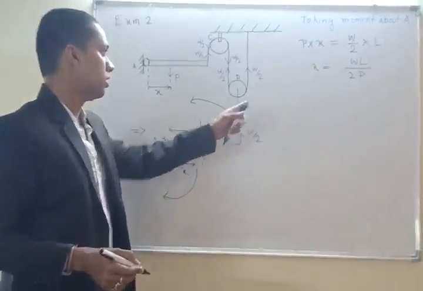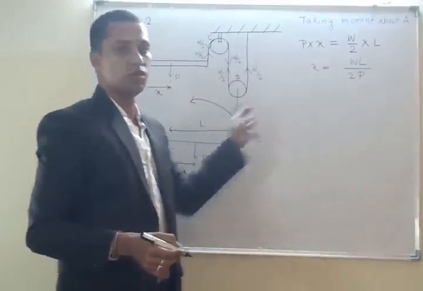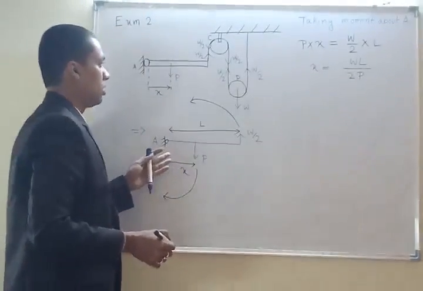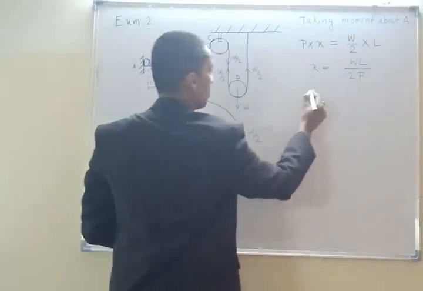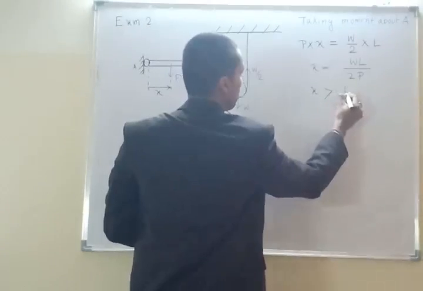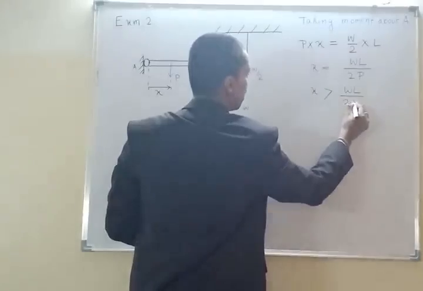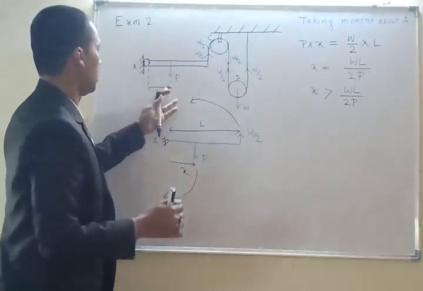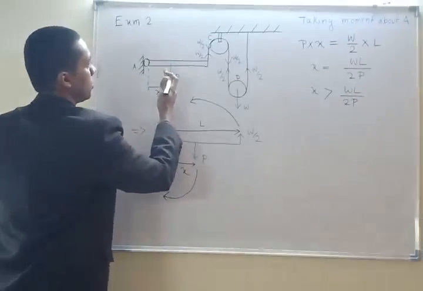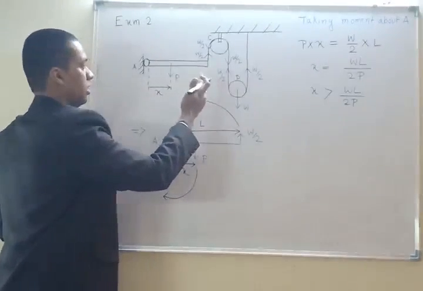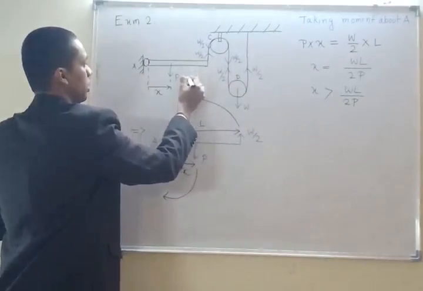If the x is exactly that, then it will be in equilibrium. If the x is more than WL by 2P, then what will happen? If this x is more, that means P is shifting to the right side. So P is somewhere in here.